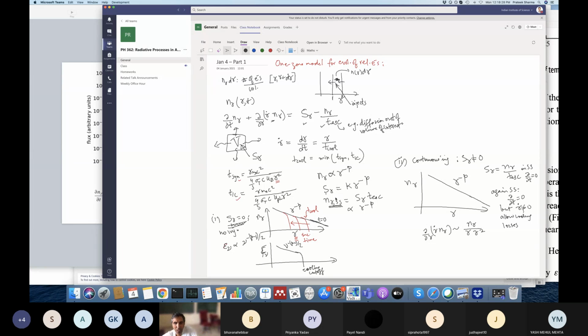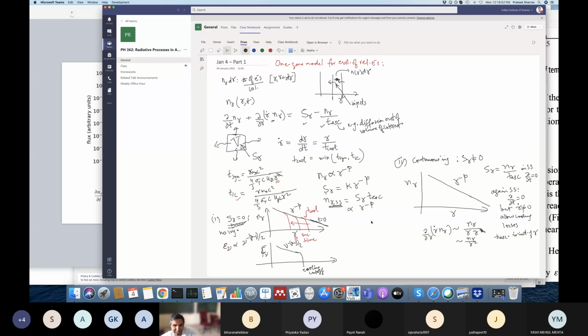Sorry, there is a gamma there, and there is a gamma here. So this whole thing goes like n gamma by gamma squared, whereas t escape is independent of gamma.